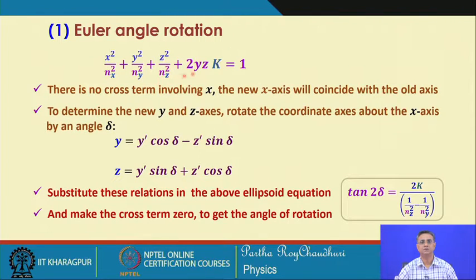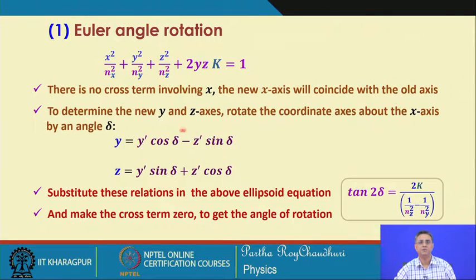We can see that this cross term does not involve any x, and as a result the new x axis and the old axis will coincide, and to determine the new y and z axis, a rotation will be required, and this rotation by an angle delta will come from this relation. So, y equal to y dash cosine delta minus z dash sin delta, and so on for the z also.